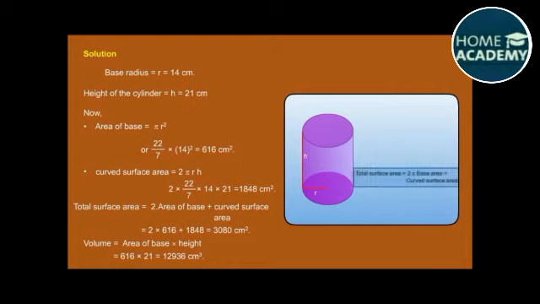Curved surface area equals 2 pi RH, which is 2 into 22/7 into 14 into 21, equals 1848 centimeter square. Total surface area equals 2 area of base plus curved surface area, equals 2 into 616 plus 1848, equals 3080 centimeter square.